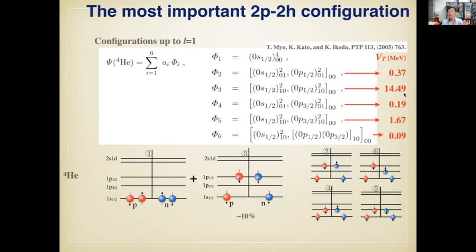Many states can mix based on this 2-particle, 2-hole excitation, but the main configuration that gives binding energy is this configuration. And you remember this configuration is exactly filling that selection rule.